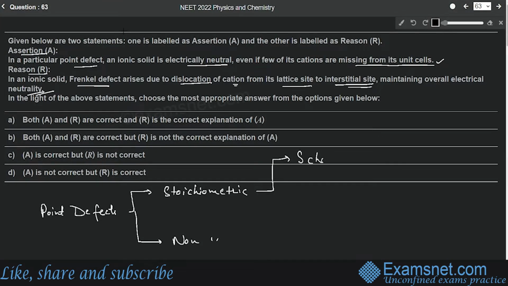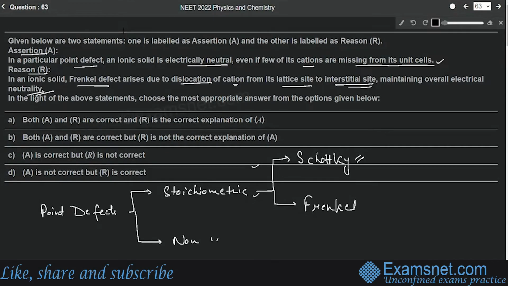First one is the Schottky defect and the other one is the Frenkel defect. Now, this question is related to the types of stoichiometric defects. In the first statement it is given that an electrically neutral solid is there, but the cations are missing from the unit cells. So this is the statement about Schottky defect, whereas in the reason Frenkel defect is mentioned.